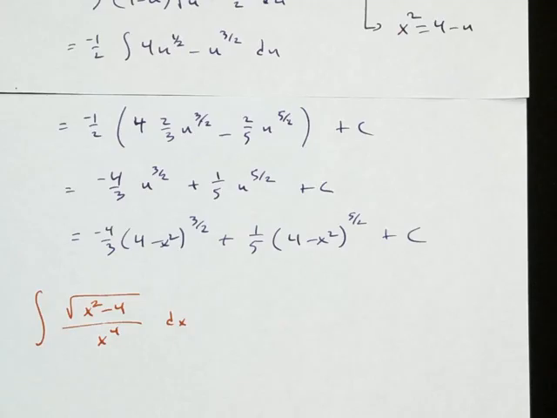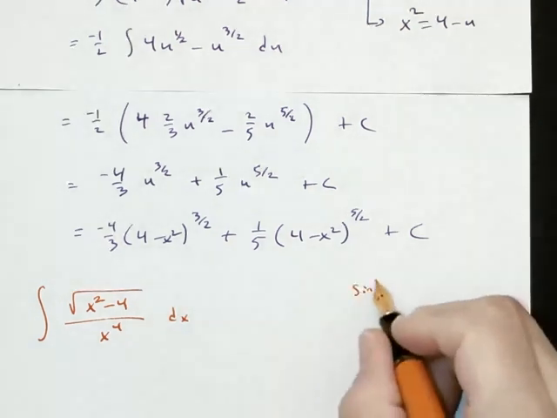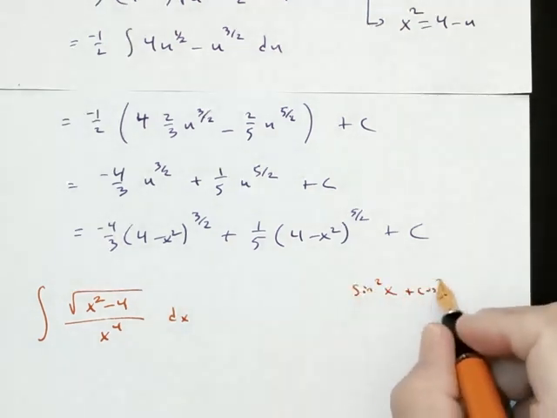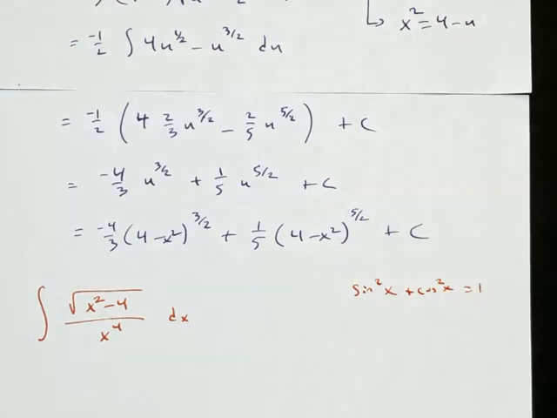The identity I was using was the Pythagorean identity, the fact that sine squared x plus cosine squared x is equal to 1. And so I was able to rewrite 1 minus sine squared.